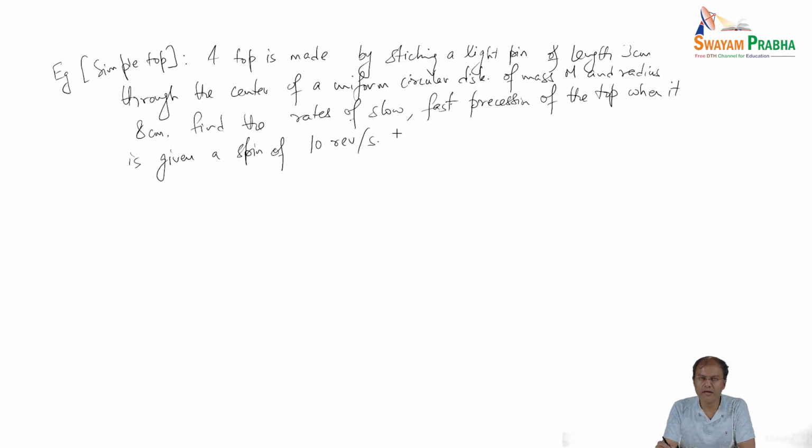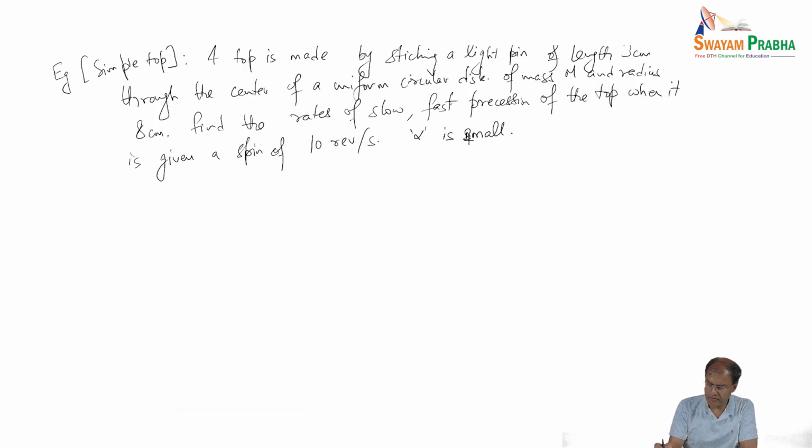Okay, and further the detail is given that alpha, the spinning angle, the precession angle, is small. So we can effectively take alpha to be 0.